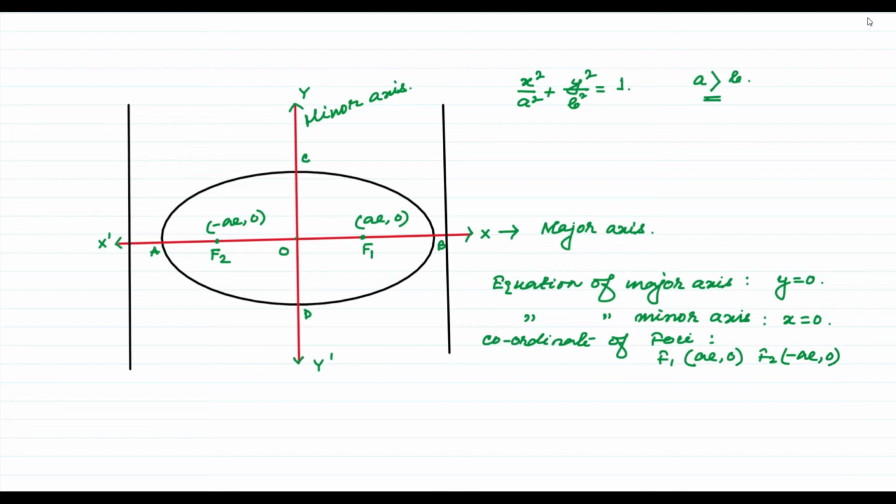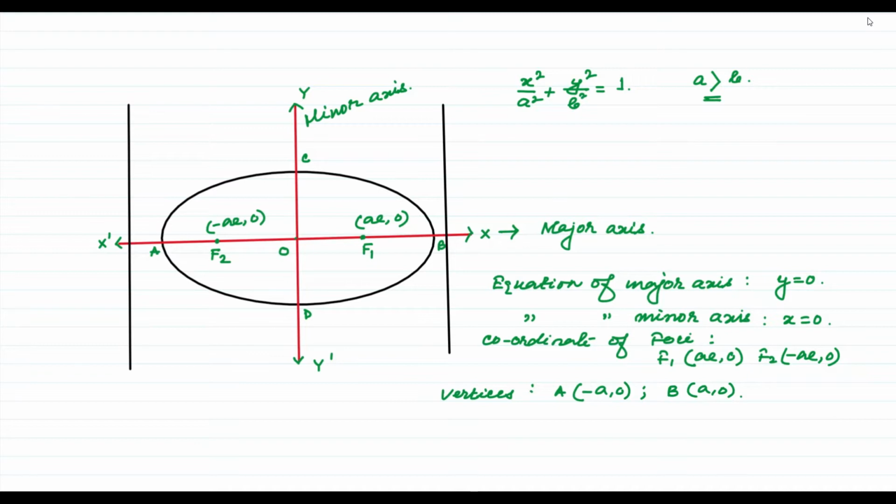The coordinates of the endpoints of the major axis, which are the vertices: the coordinate of point A should be minus a comma 0 and point B should be a comma 0.